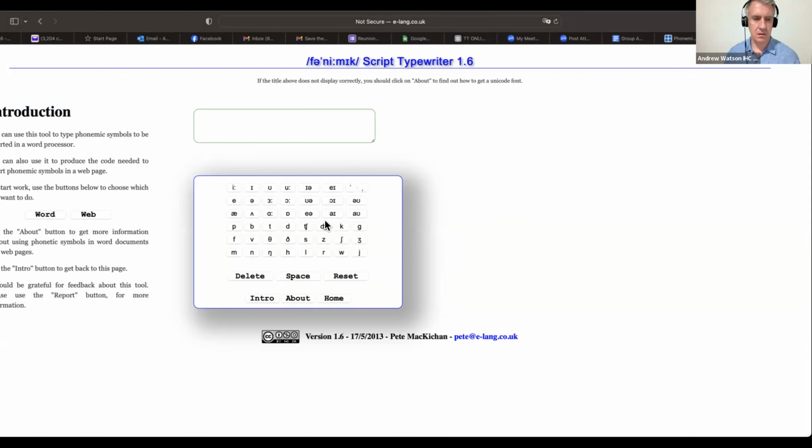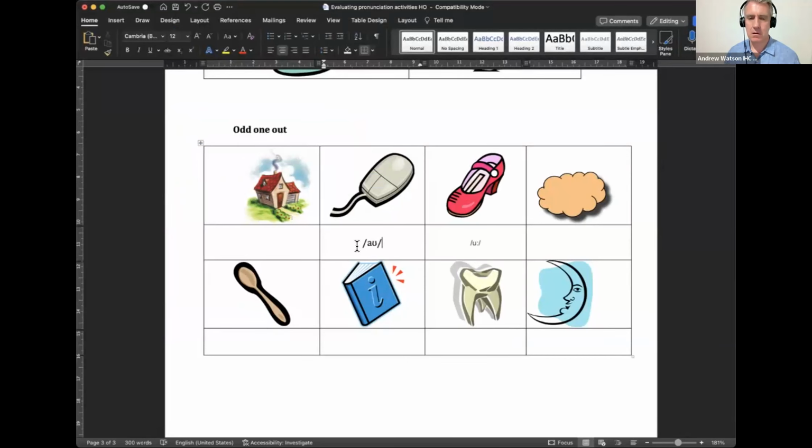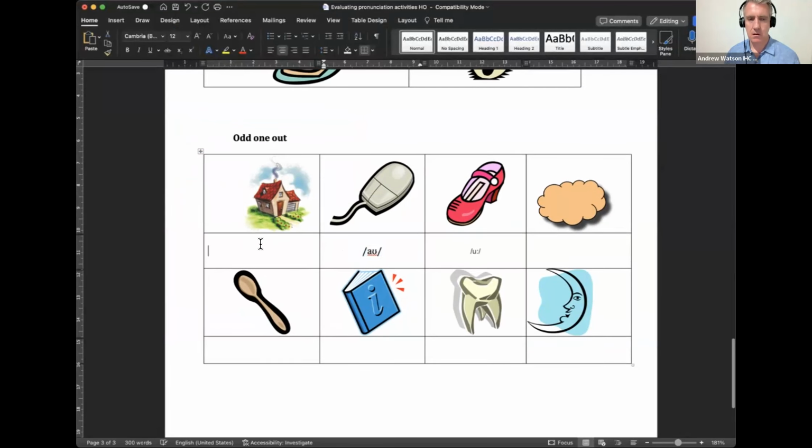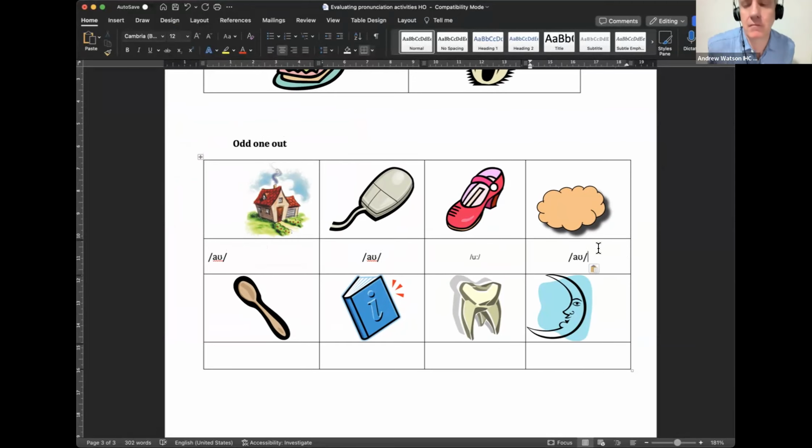So the sound in cloud is this one. Ow. How can we check that that's true?